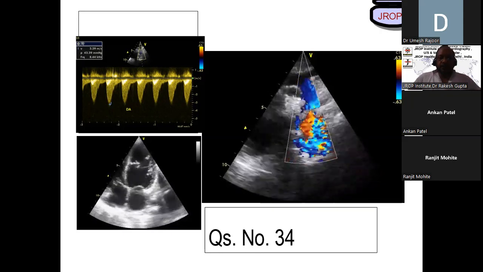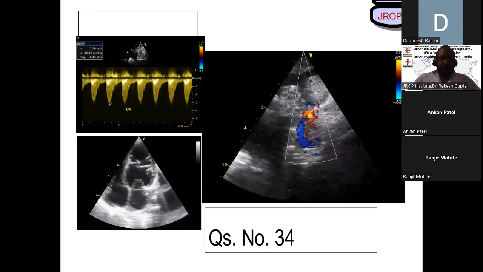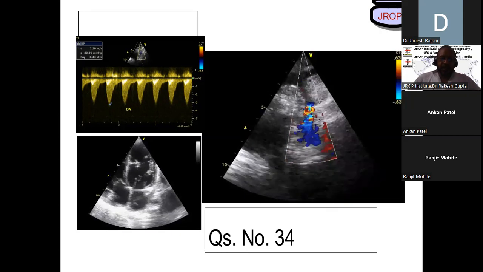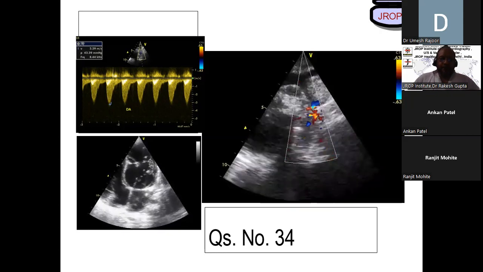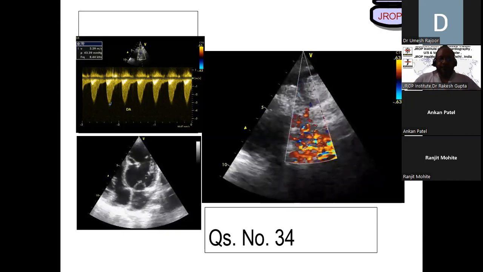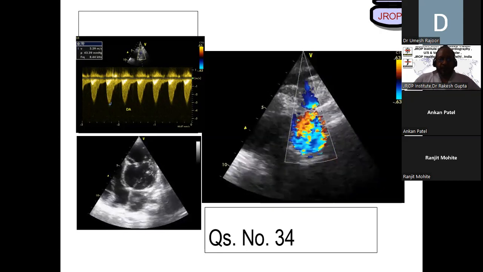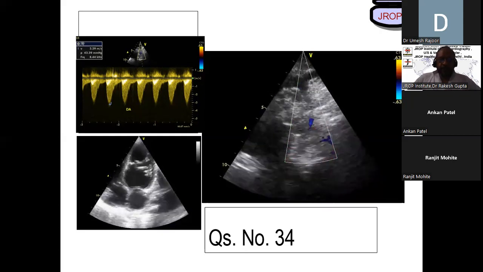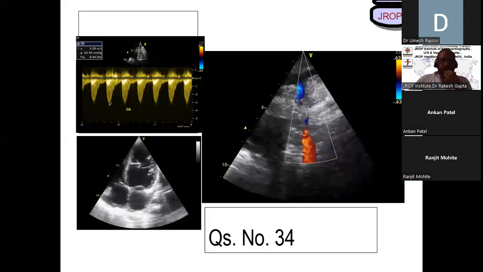Sir, the LV is dilated. In the second picture, sir, there is also one membrane in the left ventricle. And sir, one is the Doppler image. I think there is a membrane in the left ventricle. And sir, there is also a membrane between left atrium and left ventricle.